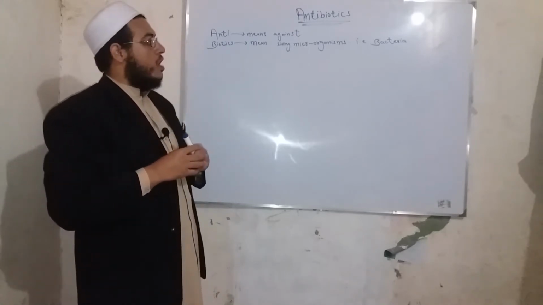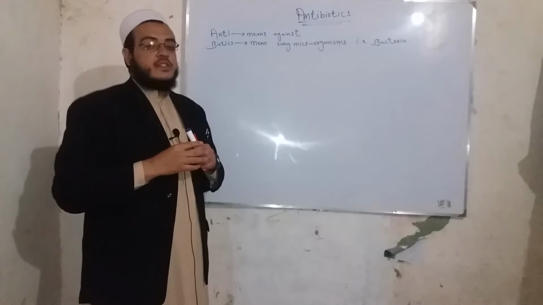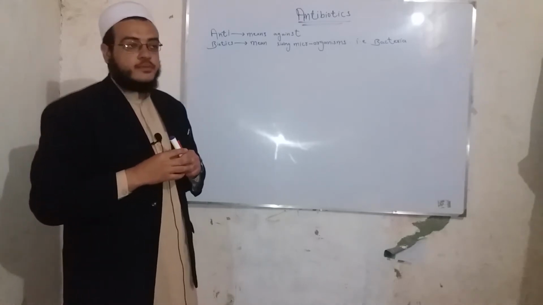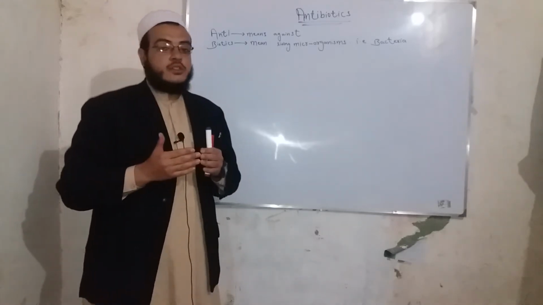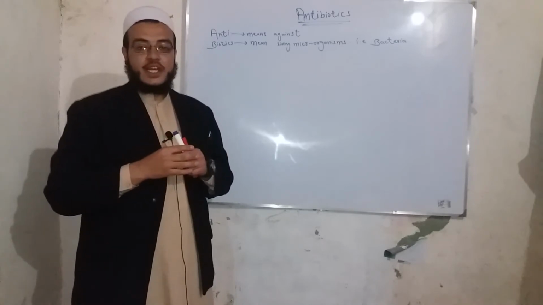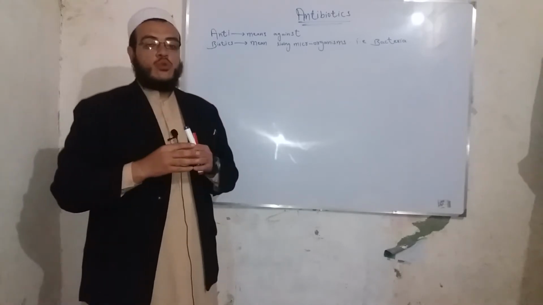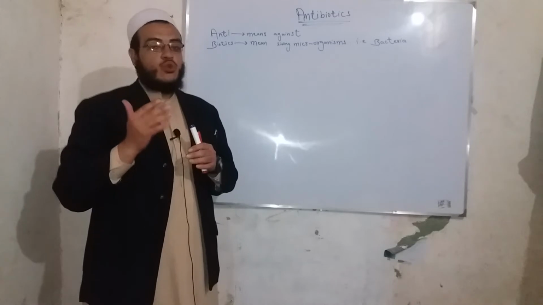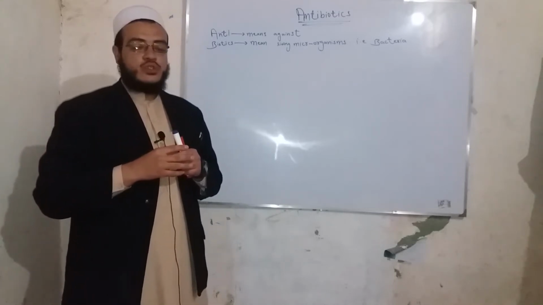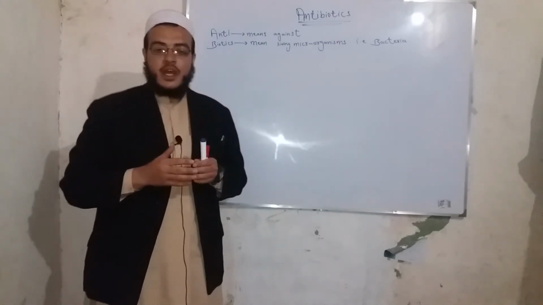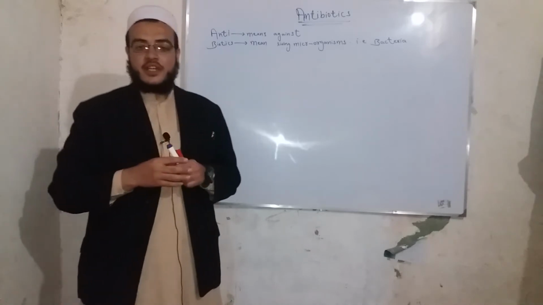So today we will discuss antibacterials. The antibacterials are further classified into its subgroups. Number 1, folate antagonists. Number 2, cell wall synthesis inhibitors. And number 3, protein synthesis inhibitors.